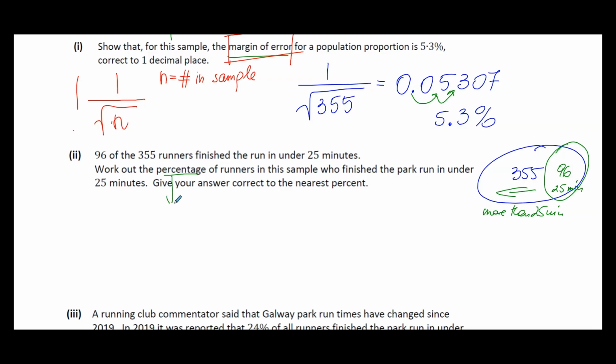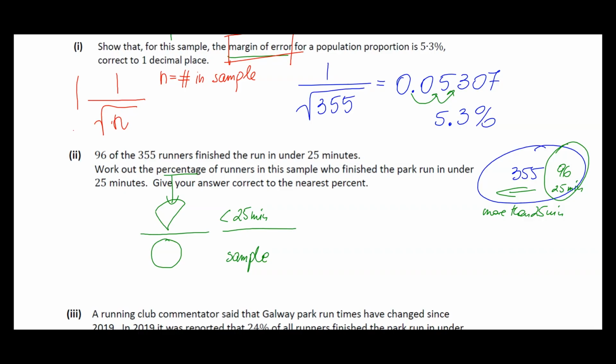So when they are saying work out, calculate, find the percentage, we think about a fraction. Remember, at the bottom of the fraction, the whole cake, on top of the fraction, my slice of the cake. In the context of this question, the whole cake is the sample, and my slice is the people that ran in less than 25 minutes.